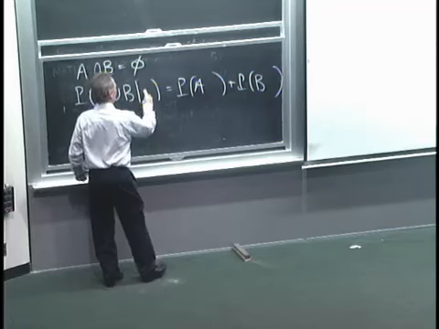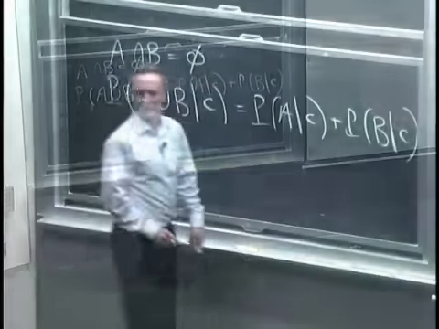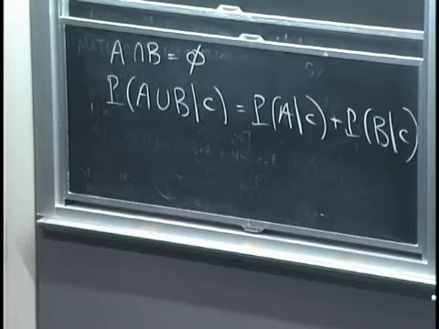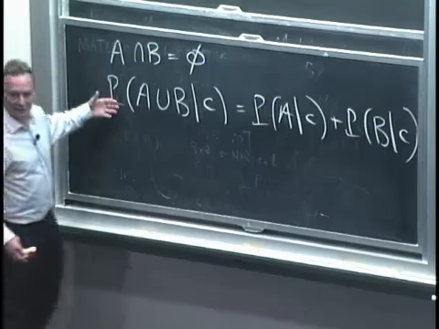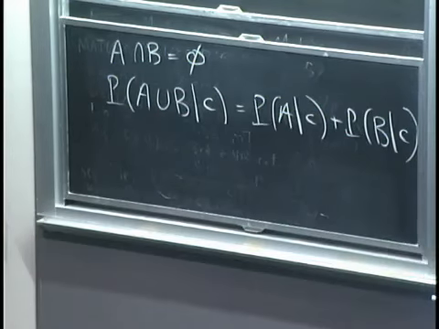These are the conditional probabilities. And conditional probabilities also satisfy this kind of property. So this is just our usual additivity axiom, but applied in a new model in which we were told that event C occurred.